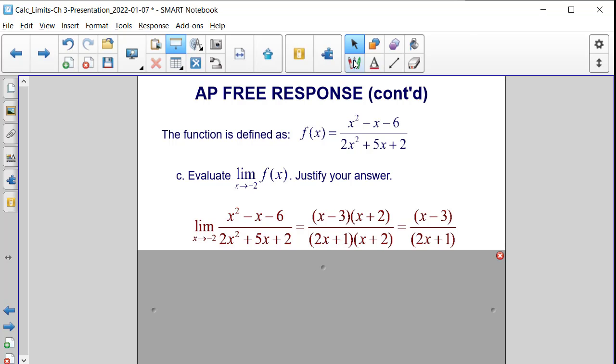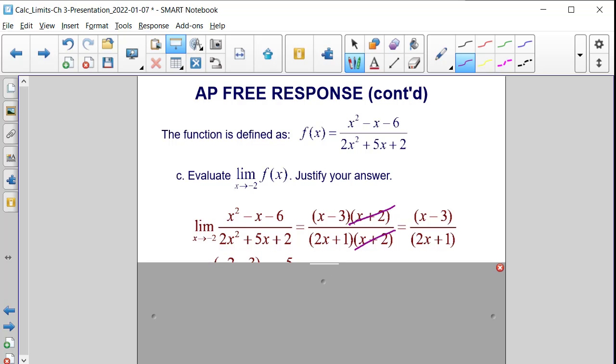And when we factor, we can see that these x plus 2 values cancel out. So it can be simplified to be the limit of x minus 3 divided by the quantity 2x plus 1 as x approaches -2. Well, now we can substitute -2 in for x in both x values of our function.